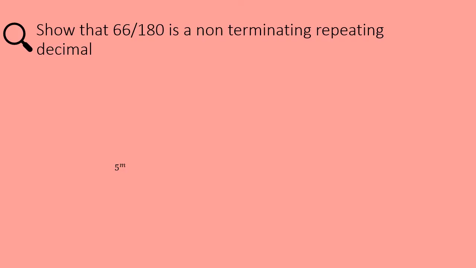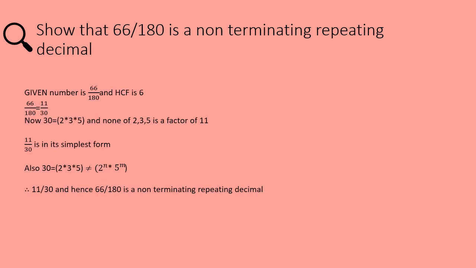In our next question, we have to prove that 66 by 180 is a non-terminating and repeating decimal. We know that if any number's denominator is in the form 2^n into 5^m, then it is a terminating decimal. Let's see the prime factorization of the denominator of this fraction. 66 and 180 have 6 as HCF.